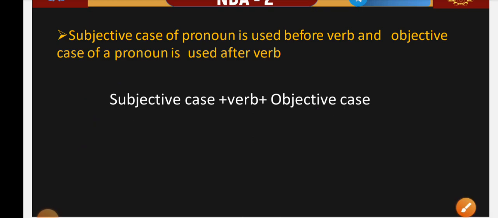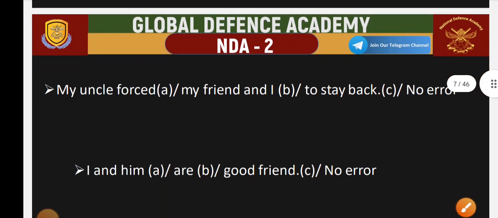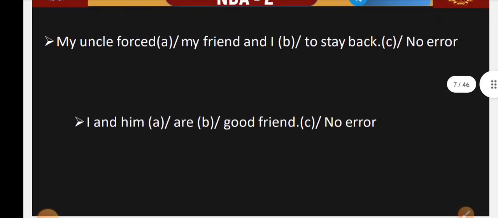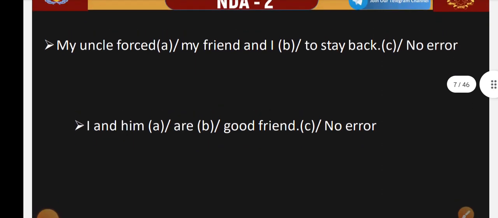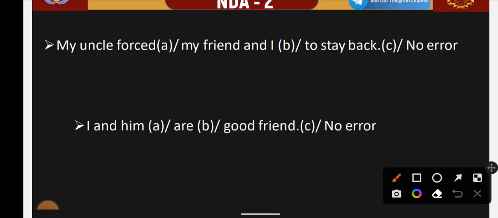Moving on to the next example, try to solve it by yourself and let's check it. My uncle forced my friend and I to stay back.